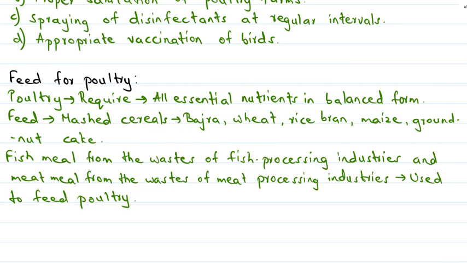Then a small poultry farm can be sustained on plant and animal waste. It can be maintained even in a backyard or house. Many high yielding varieties of poultry have been introduced in our country. These need less food and they produce more meat and eggs within a short time.